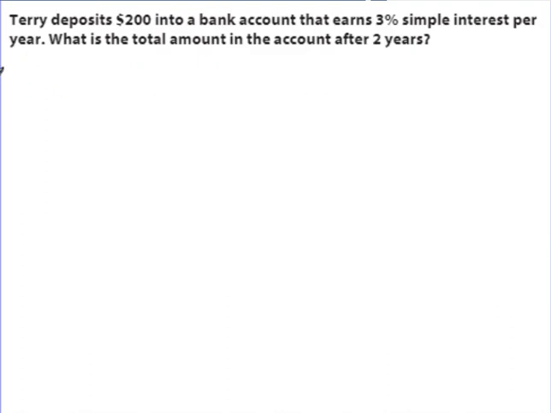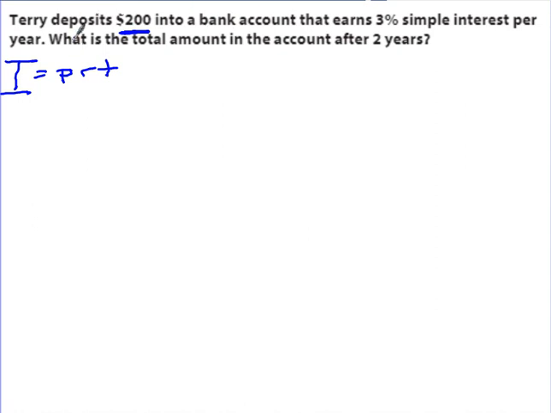So let's use that formula for this problem. I'm going to rewrite it, I equals PRT. I'll make that a capital I to make it a little bit easier. Terry deposits $200 into a bank account. So there's your principal, her starting point. She deposits, meaning she puts money into her account.